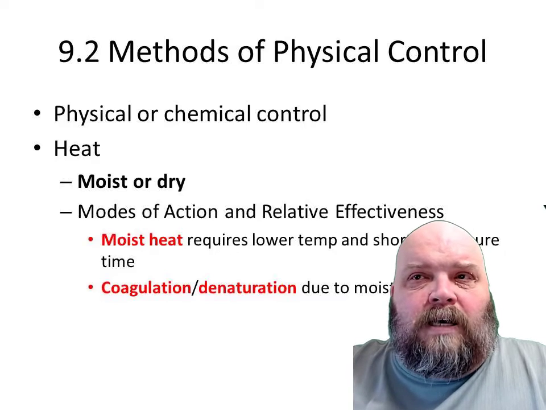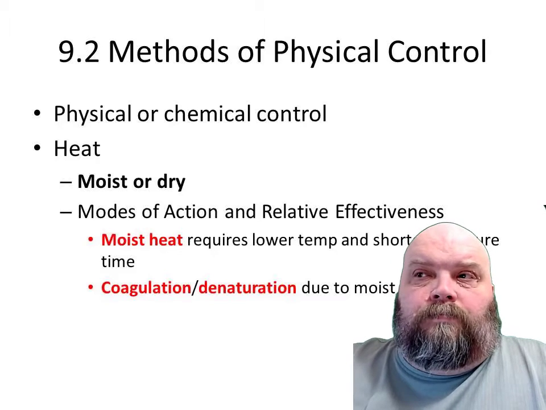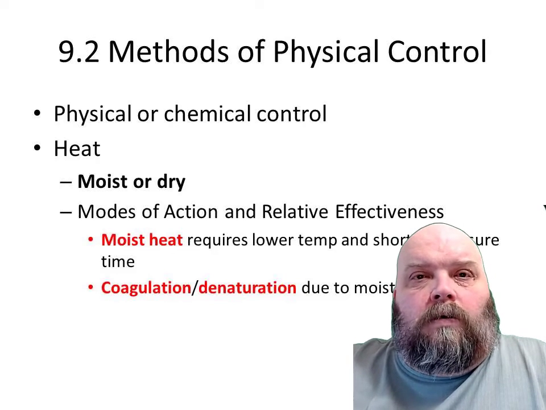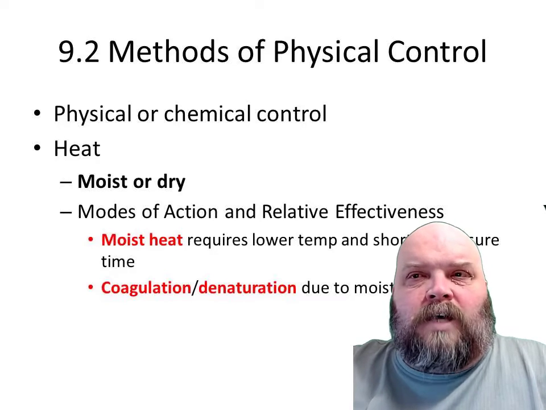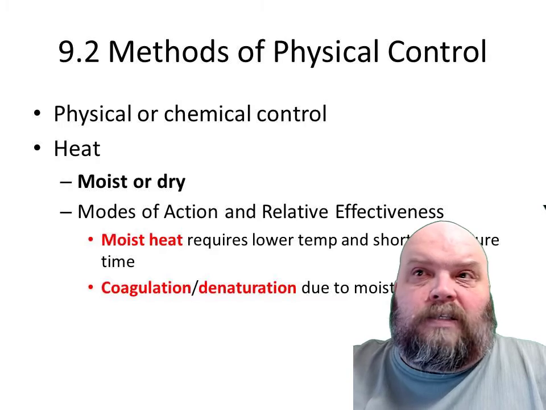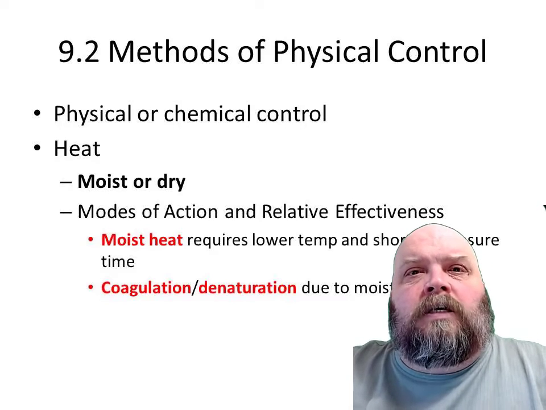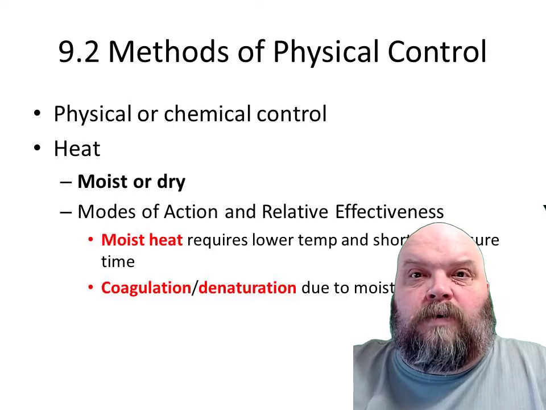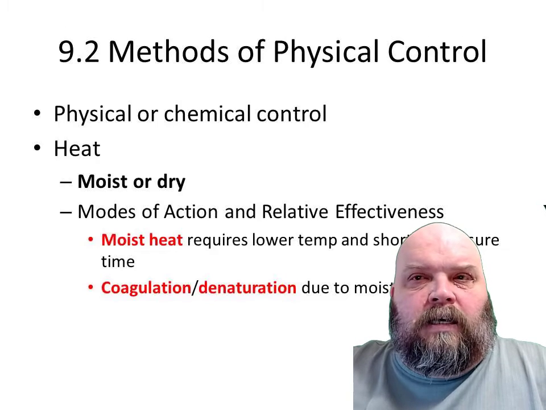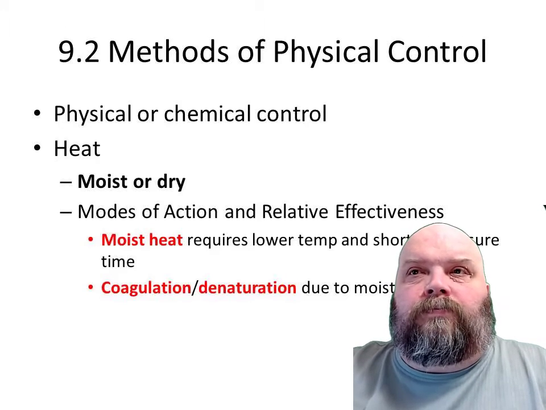This is the basis of autoclaves. Autoclaves are nothing more than an industrial-sized pressure cooker. Yeah, the same pressure cooker you use at home for cooking, or other types of pressure cookers you use for canning. The principle is the same.